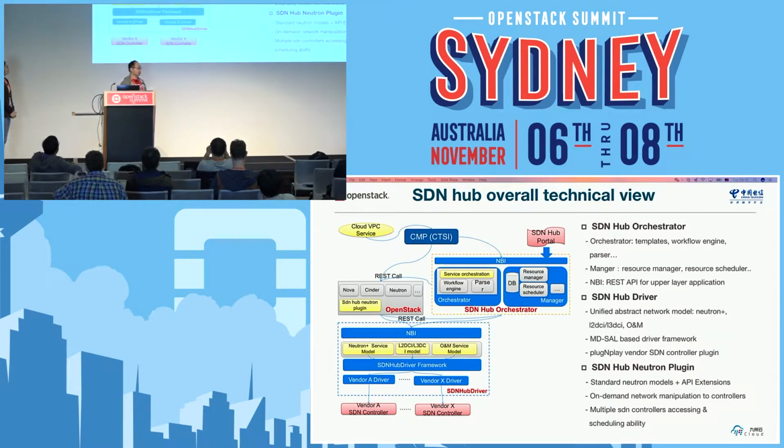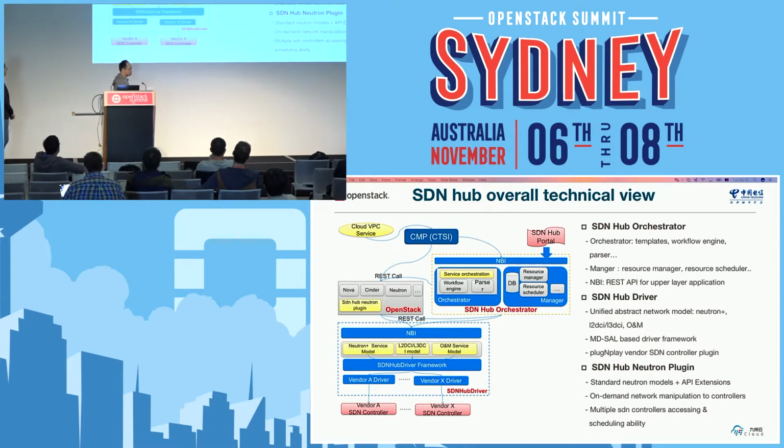So please allow me to dive deeper into the technical stuff. We will have three parts of the features. At the bottom is the SDN Hub orchestrator. We will have two parts, and on the left is the service orchestration layer.